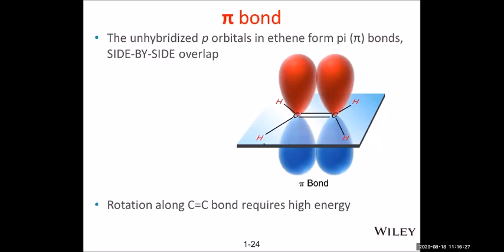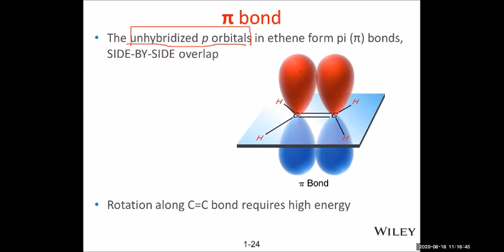And then the pi bond. The pi bond is where the p orbitals, these are from the unhybridized, unaffected p orbitals, have a sideways overlap and form the pi bond.